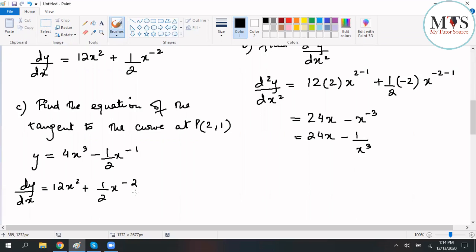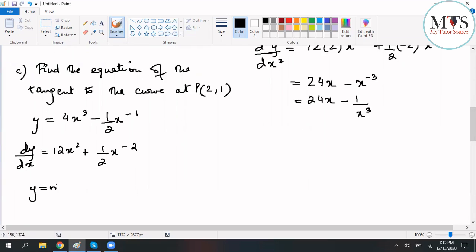So how do we find the equation of a line in coordinate geometry? Was it y equals mx plus c? I'm not sure. Yeah, that's right. Y equals mx plus c is for the equation of a line.